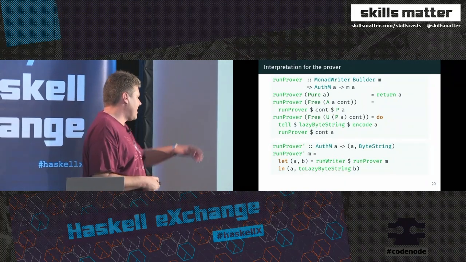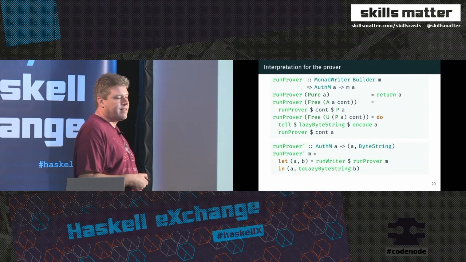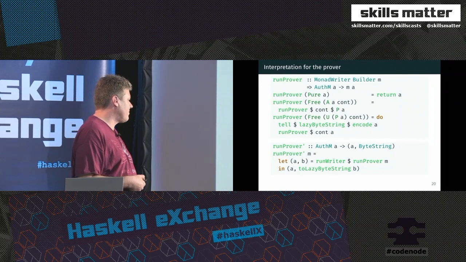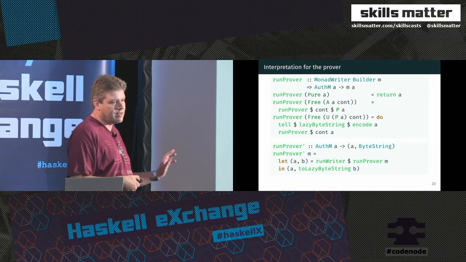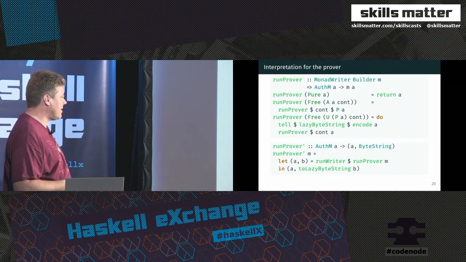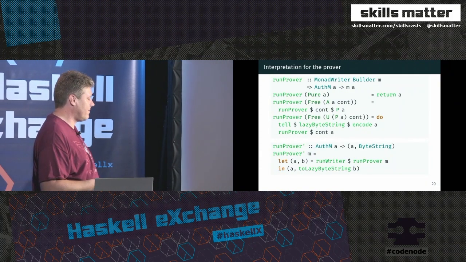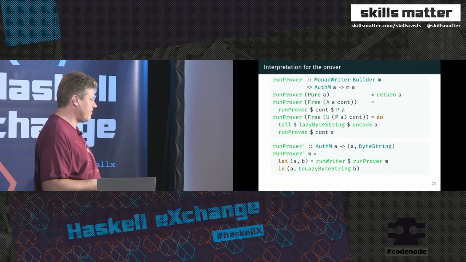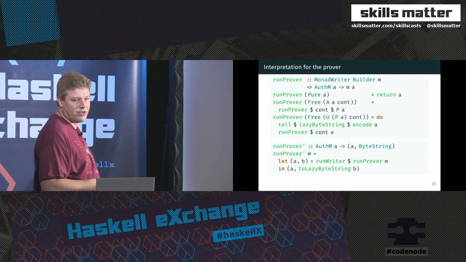Okay, and then to actually use that and have examples, I use the writer from the MTL library, which one shouldn't because it has a memory leak, but for simplicity. Using this, I specialize to this writer type, and then I can just get my answer A and the byte string, which is the proof.